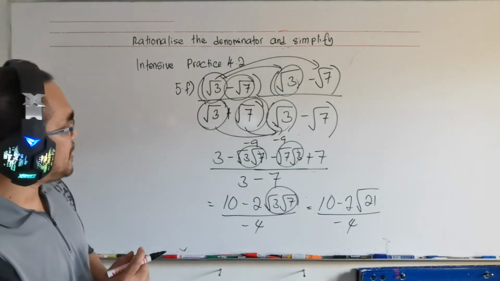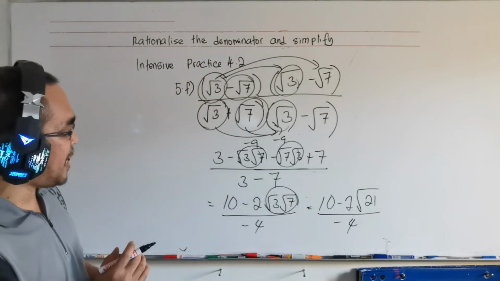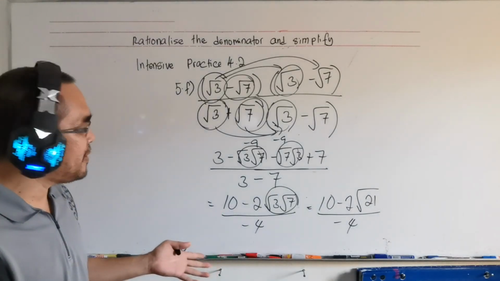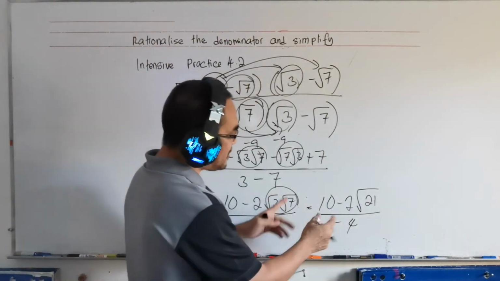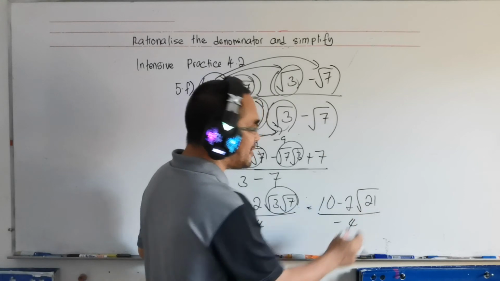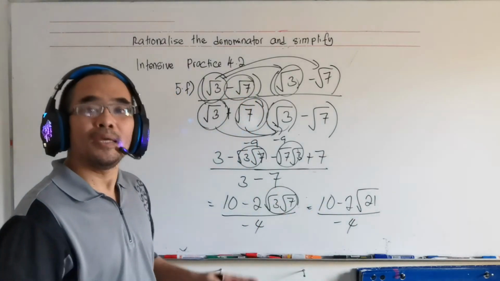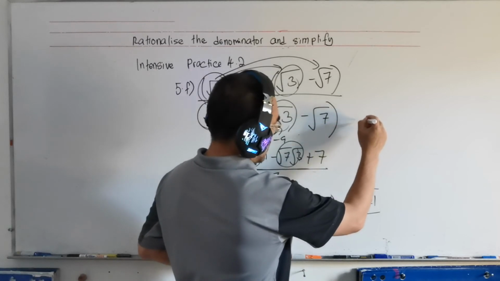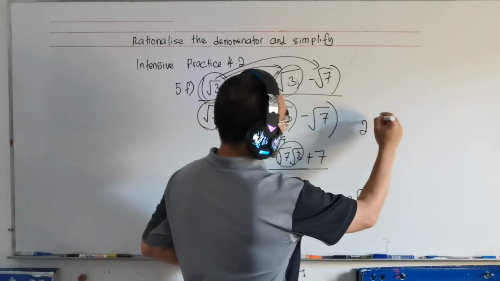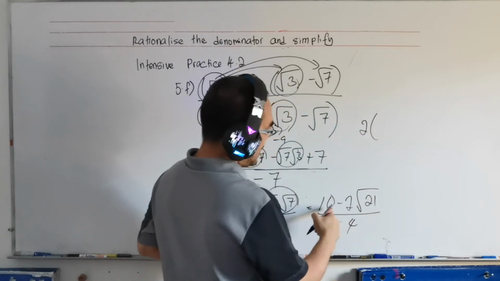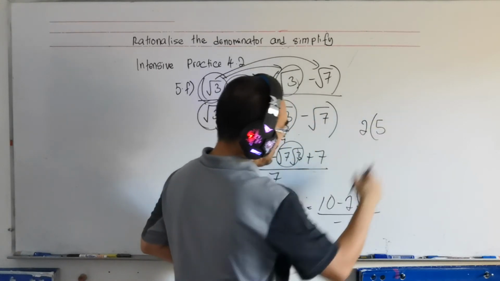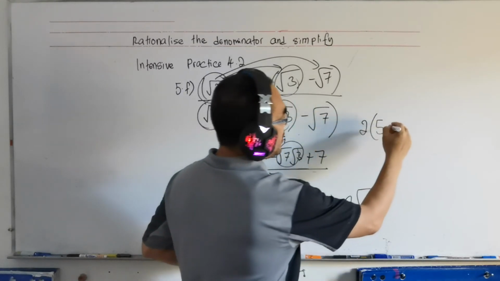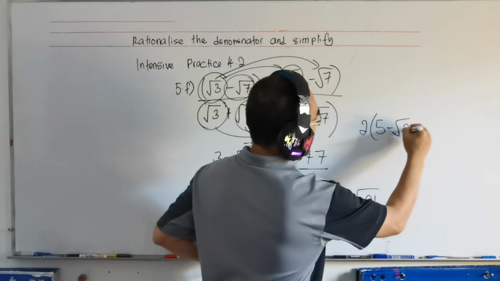Is there anything other than that we can do to simplify? Yes, we can factorize. This is the first term, this is the second term. Is there any similarity? Yes, there is. We can factorize 2. We factorize 2, divide by 2 becomes 5. Divide by 2 becomes 1, so we do not need to write 1.